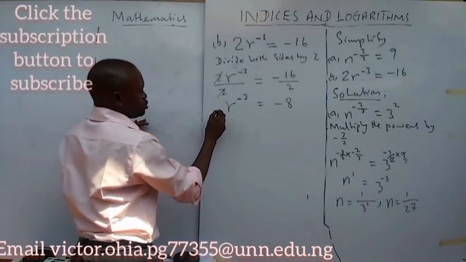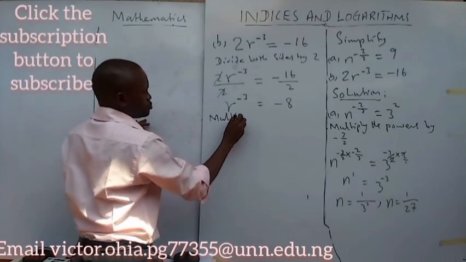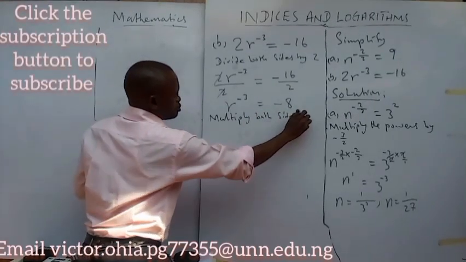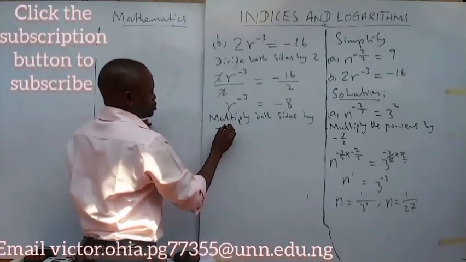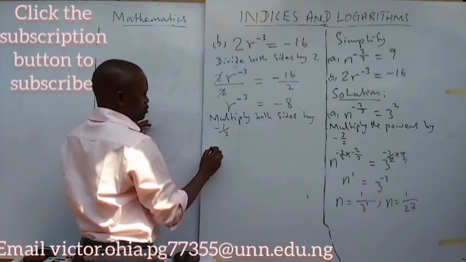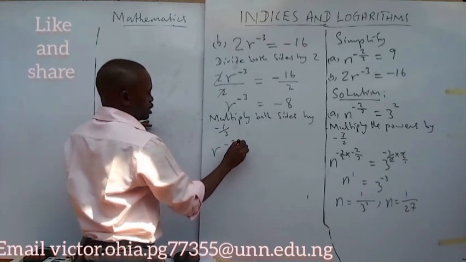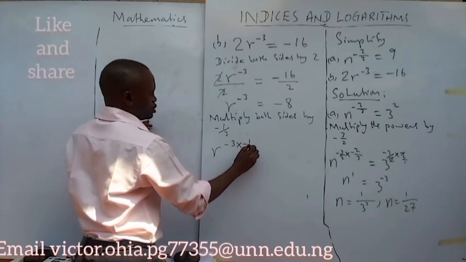So if I multiply both sides by minus 1 over 3, you will now have r raised to power minus 3 times minus 1 over 3.